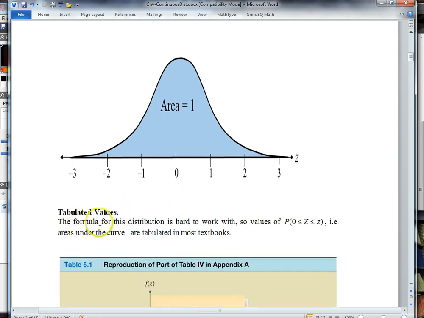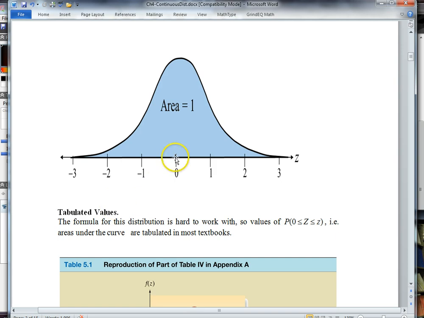We're going to talk about how these values are tabulated, but before that, if I ask you what's the area between 0 and anything to the right, that's going to be half of it. So this curve is symmetric at 0, so that's 0.5 here and 0.5 down there. And because of this symmetry, I don't need to tabulate all the probabilities for this curve.